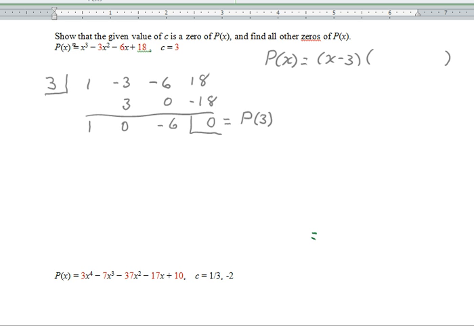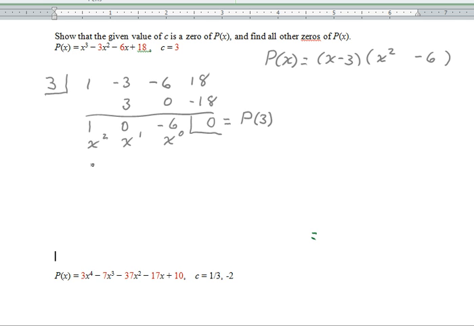Therefore, our quotient, negative 6 is the x to the 0 term, 0 is the coefficient of x to the first, and 1 is the coefficient of x squared. Now, that means that our quadratic polynomial is x squared plus 0x minus 6.